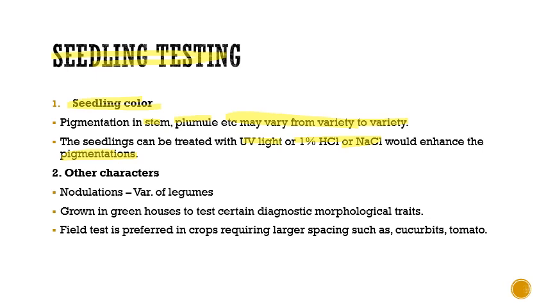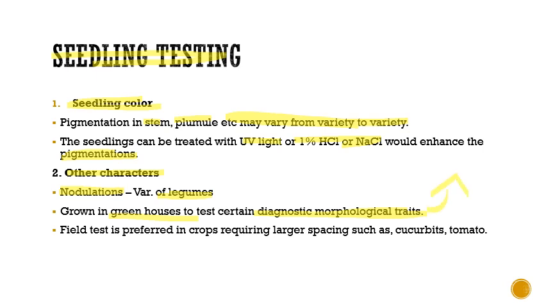And apart from the seedling color, we can go for other characters also, such as nodulations. The number of nodulations can also vary from variety to variety, particularly in the case of legumes. Also these seedlings can be grown in greenhouses to test certain diagnostic morphological traits that are very much unique to the concerned variety.